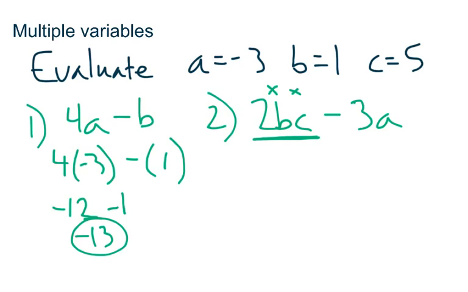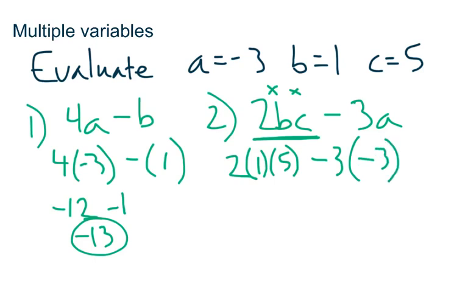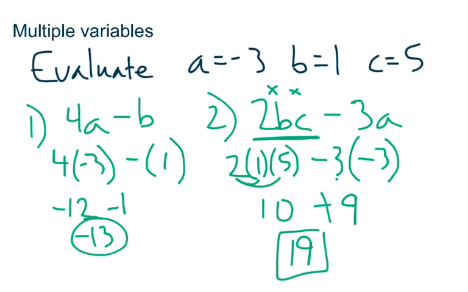So what we're going to do is go 2 parentheses, b is 1, c is 5, minus 3 in parentheses, -3. And again, having the parentheses helps us with negative signs. I'm seeing -3 times -3, so that's going to become plus 9. And then here I'll have 2 times 1, which is 2, times 5 is 10, and 10 plus 9 is 19. And there you go.